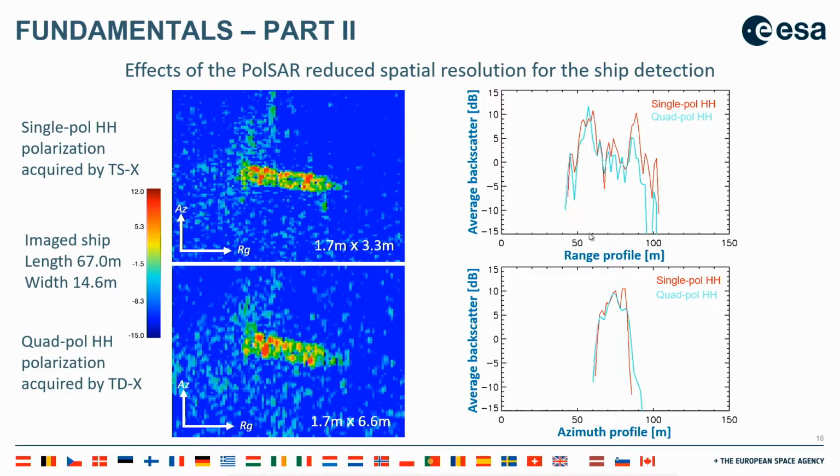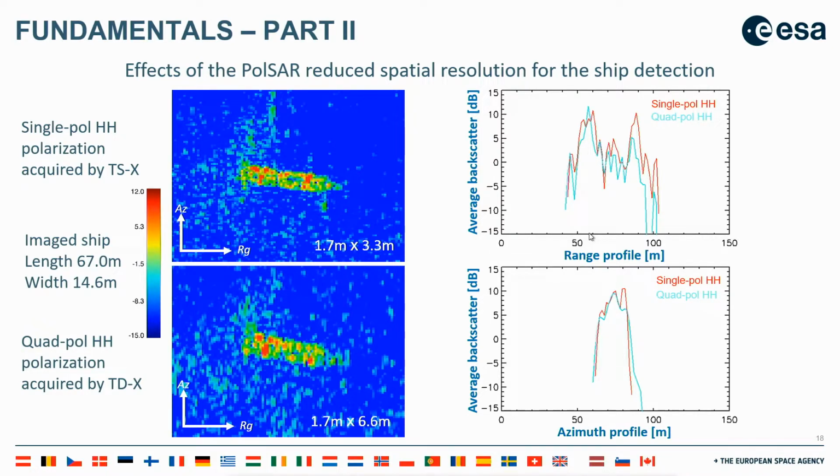And again, this is the same data set: the same ship observed by the first satellite, TerraSAR-X. On the map here on top, you see the ship using the single pole HH, which has a resolution in range and azimuth of about 1.7 by 3.3.